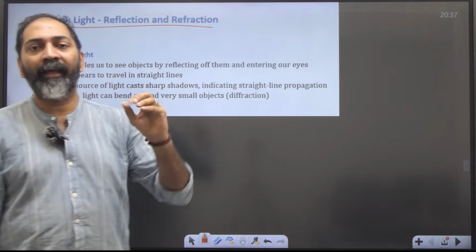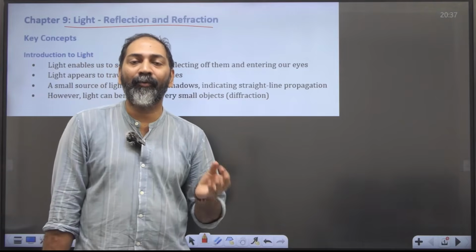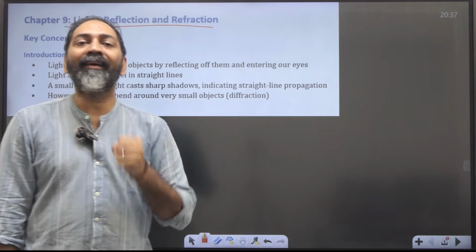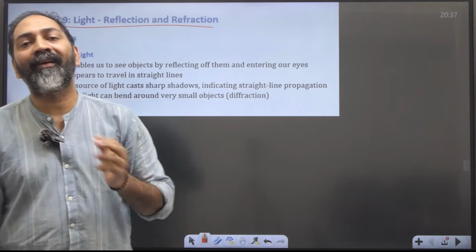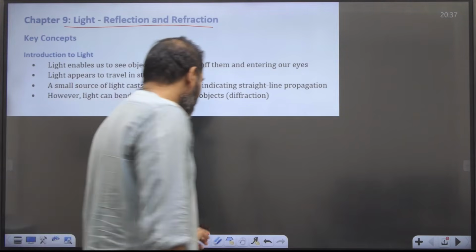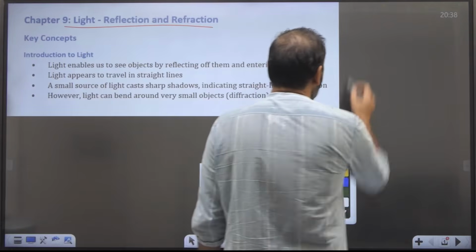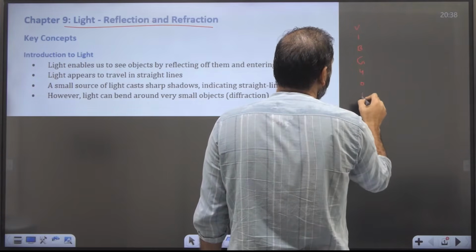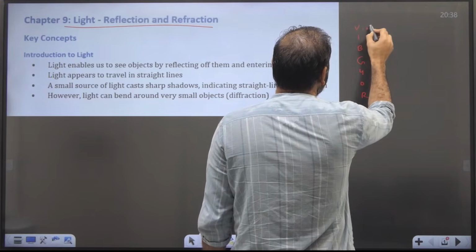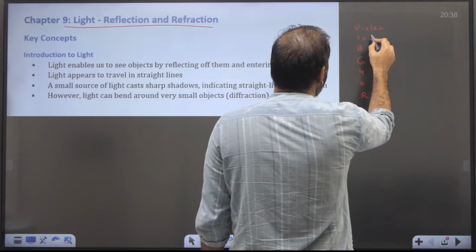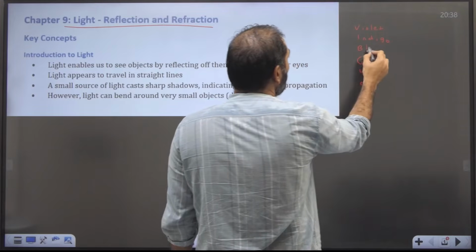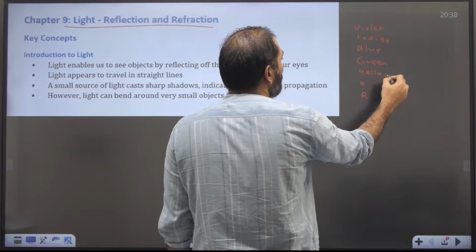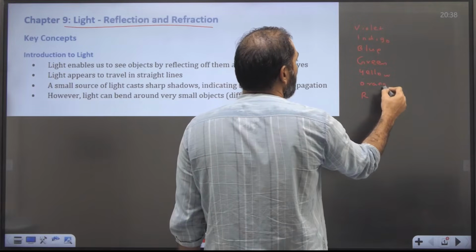If you are seeing a flower with red color, you should understand that the flower absorbs all the colors but reflects only red color. So what are the different colors? VIBGYOR. VIBGYOR stands for violet, indigo, blue, green, yellow, orange, red.